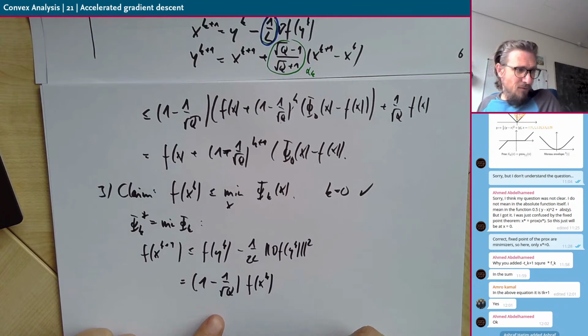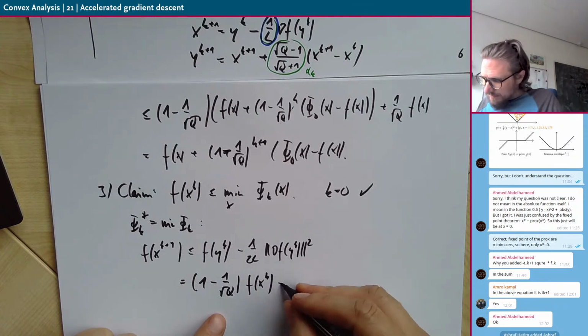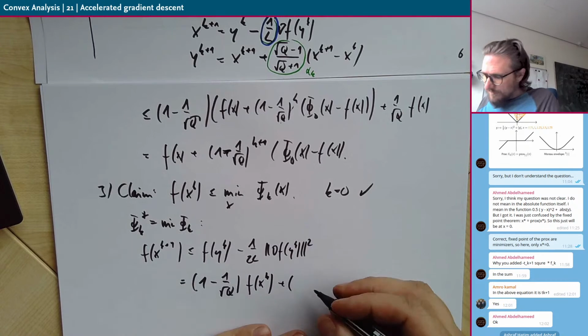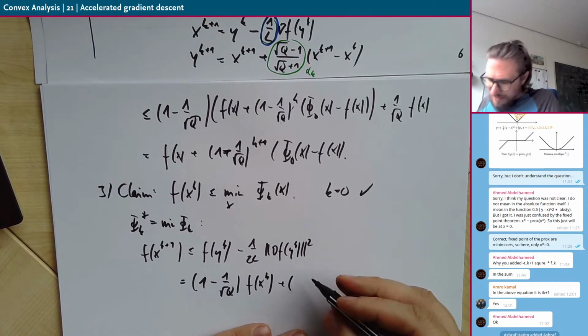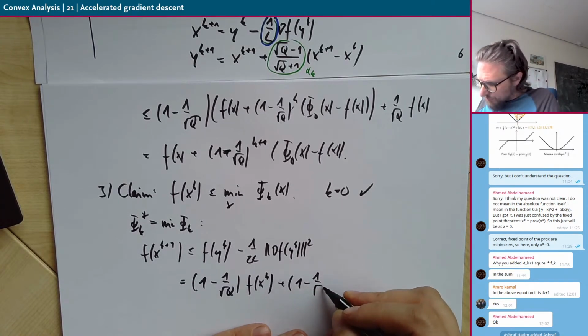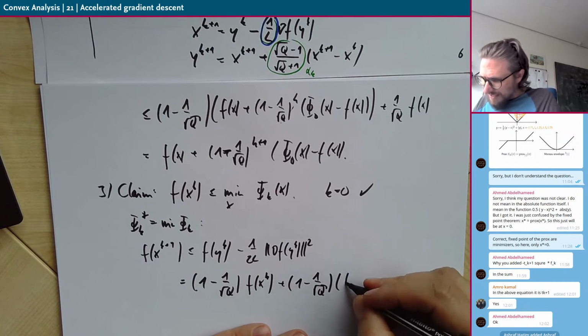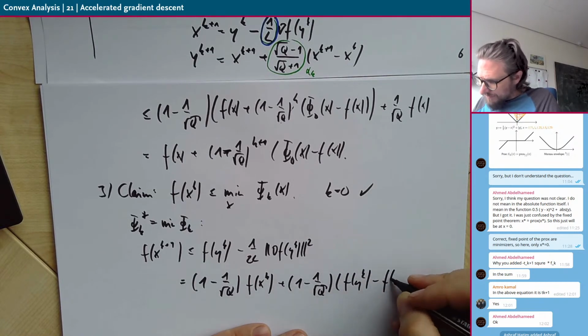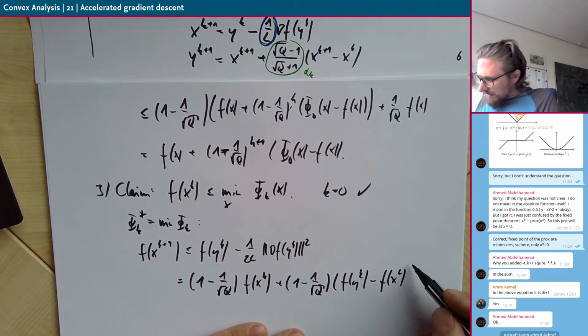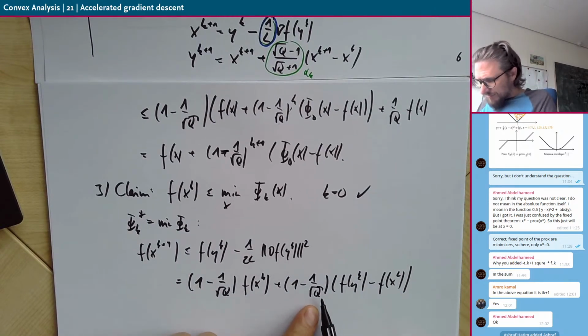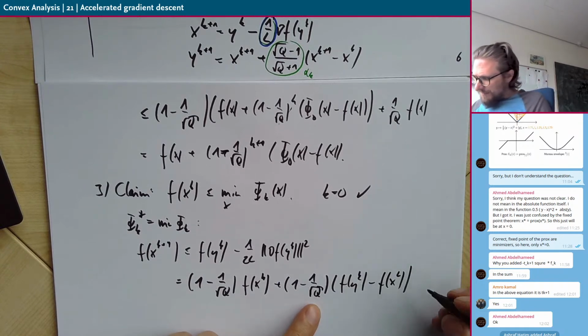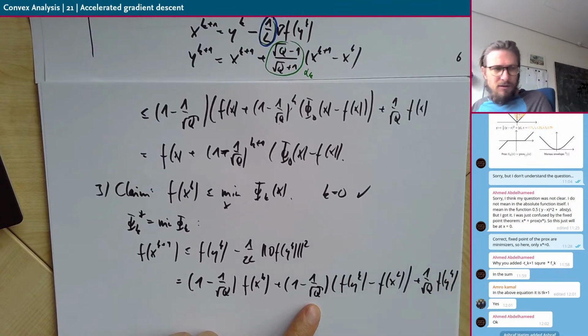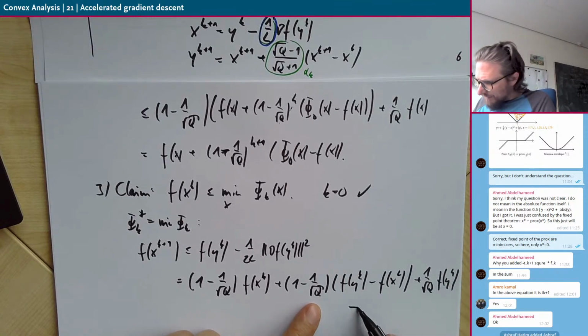So we added this full term here, but we subtracted basically once again 1 minus 1 over square root of q times f of yk minus f of xk. And here we again added or subtracted this 1 over square root of q of f of yk, which we add back again. And we still have to subtract this 1 over 2L gradient f of yk squared.